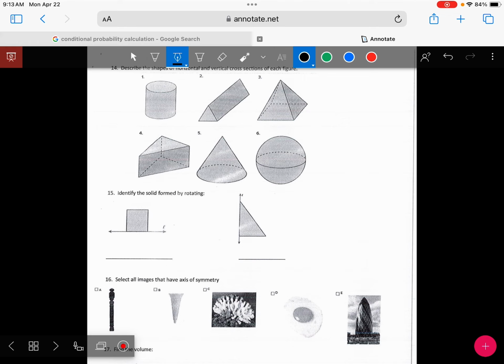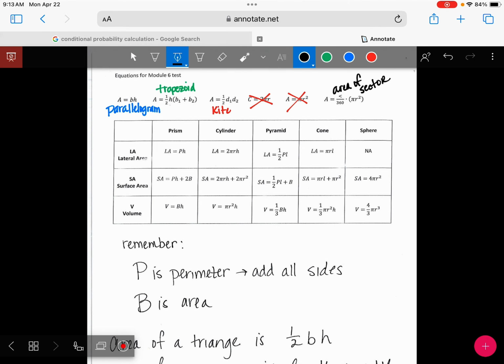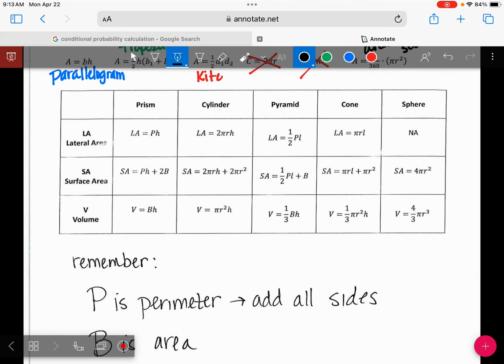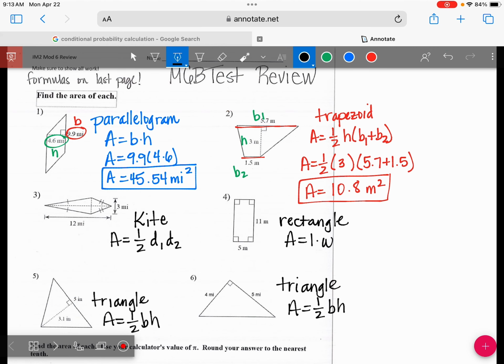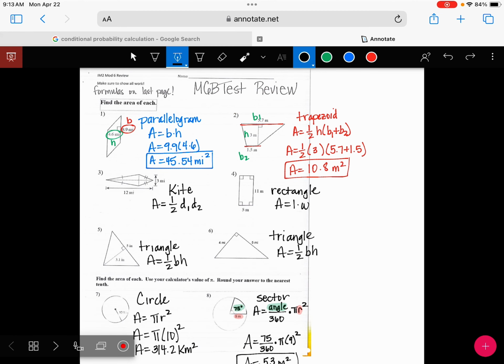So area of a prism. So when we go to our last page, prism is here. It really didn't seem very clear what it's asking us to find. Find the surface area. Wait, hold on, let me see what it's asking us to find. It says find the area. Okay.